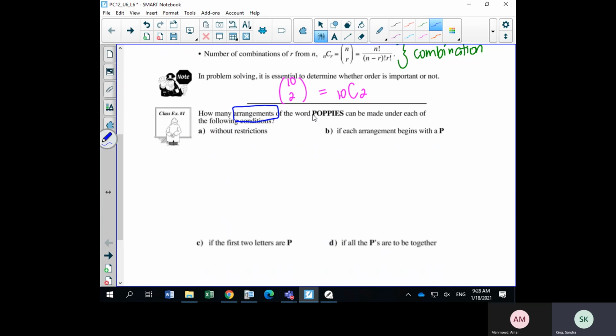First thing you do is you count up poppies. That would be 1, 2, 3, 4, 5, 6, 7. So let's write poppies as 7 letters.